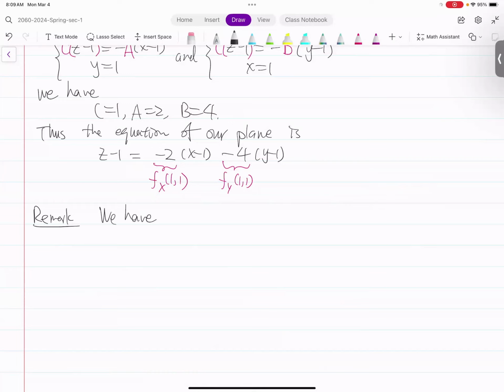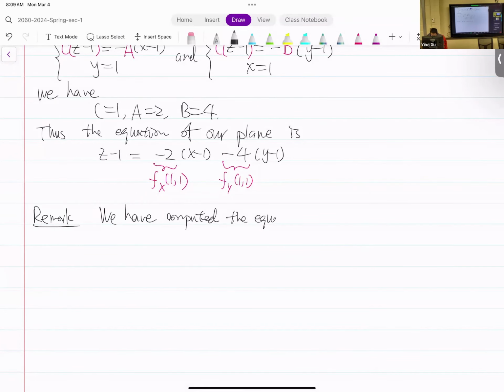We have computed the equation of a special plane called the tangent plane.